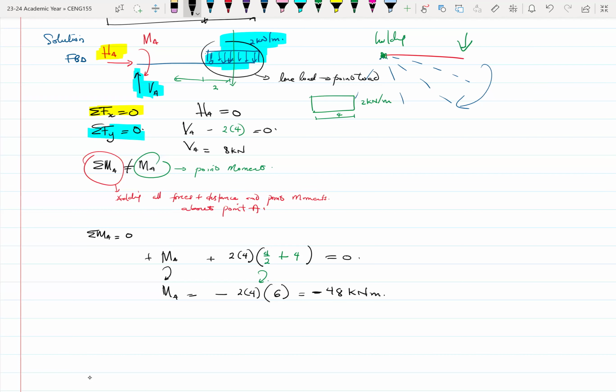The negative here that we see indicates direction. What this simply means is that the direction you chose your MA to be in should have been the opposite. Initially we assumed that MA was clockwise. By the end, we got a negative value. So it means that MA is actually, in fact, anti-clockwise.